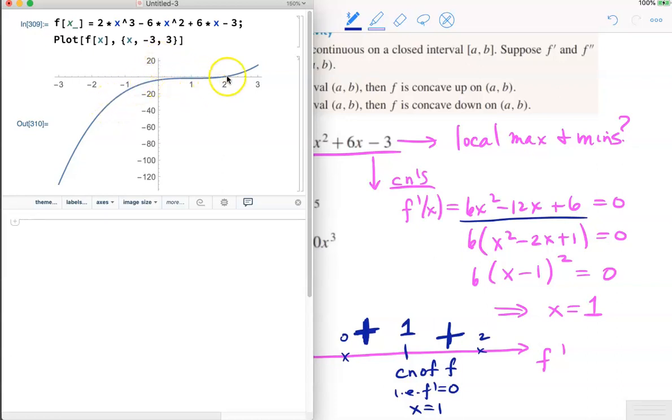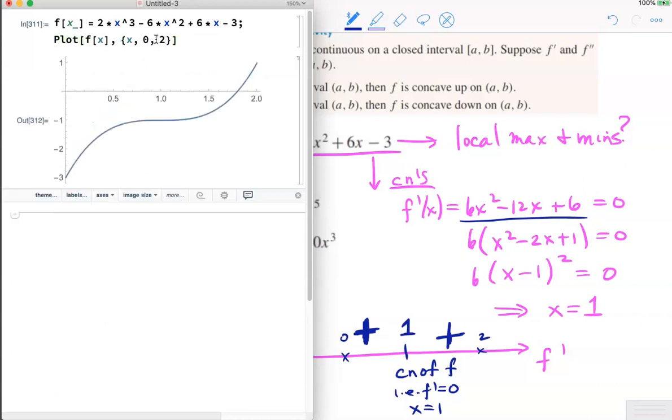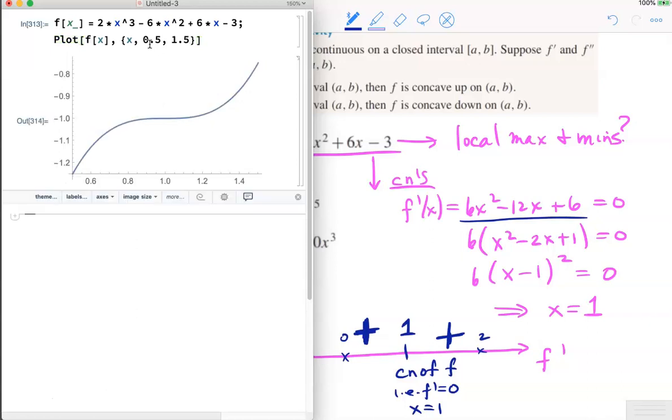If we zoom in on this region, maybe from 0 to 2, you can see that this function kind of flattens out, but it never comes back down. If we zoom in on 0.5 to say 1.5, the function just keeps going up and up. So the function never actually goes up and then comes down.